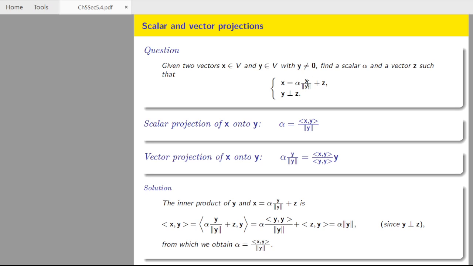Now this part is this. So in that way, we get the solution here. We got the scalar projection of x onto y given by alpha, and the vector projection of x onto y in this form. So this part is essentially a generalization from Rn to an inner product space V.